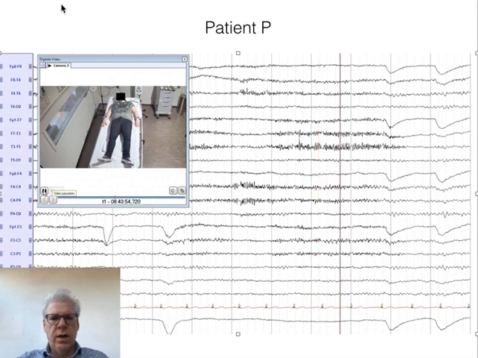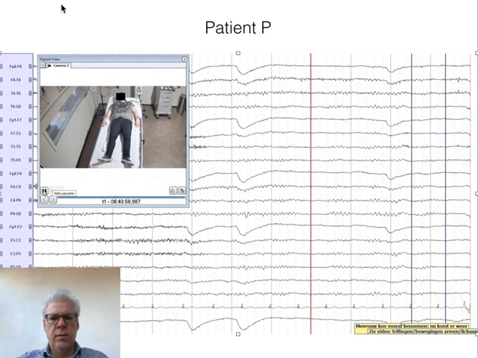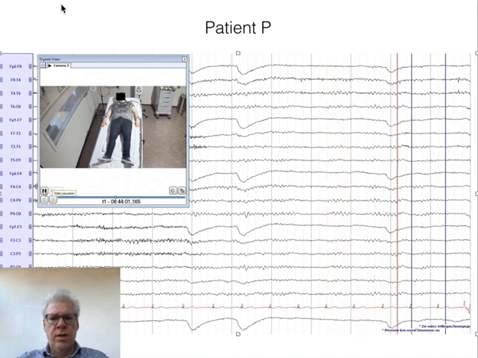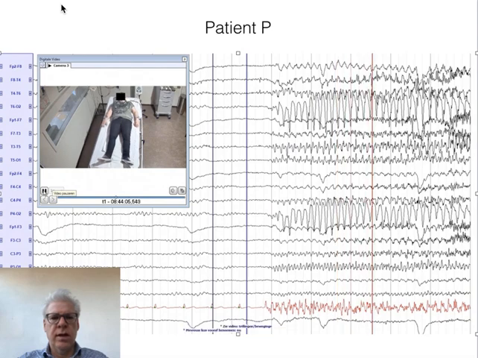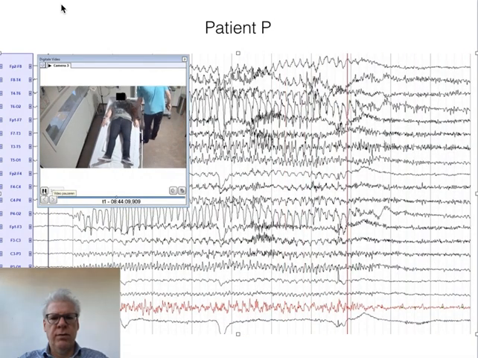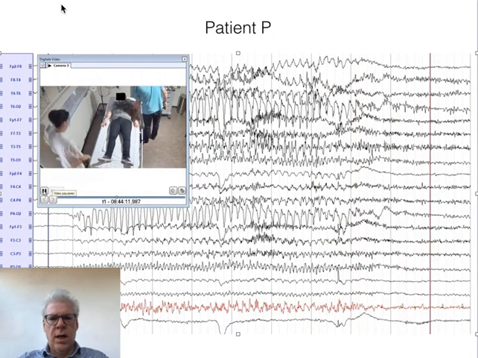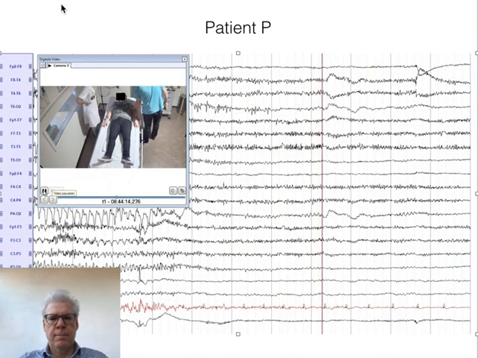And if you look carefully, then quite suddenly the patient will show definitely abnormal motor behavior. It starts right now, of arms mainly, and hands, a little bit of the legs, and the accompanying EEG pattern.